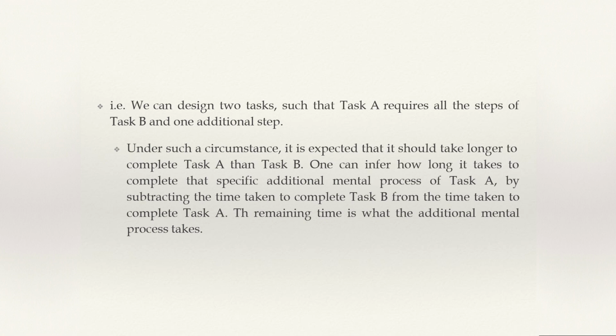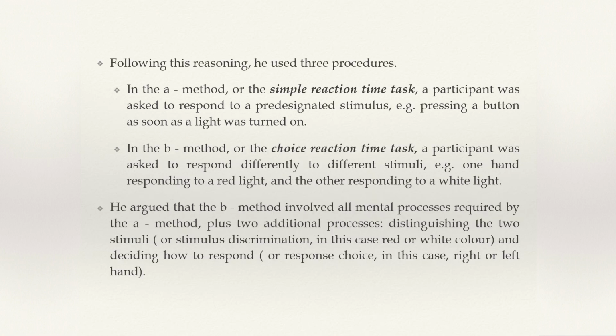Under such a circumstance, you will expect that it should take longer to complete task A than task B. One can infer how long it takes to complete that specific additional mental process that we have added in task A by subtracting the time taken to complete task B from the time it has taken to complete task A. So, now when you do this subtraction, you get the time for that specific extra computation that you have added. Alright. Following this reasoning, he used three procedures.